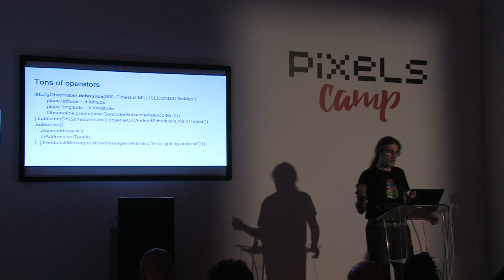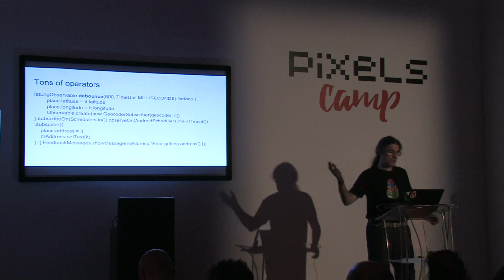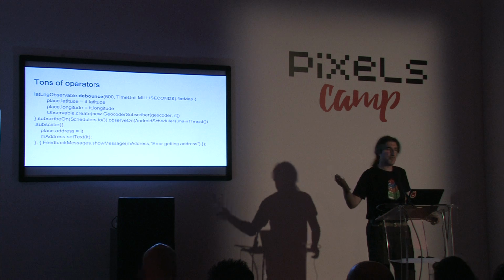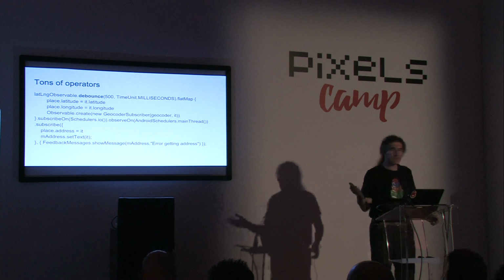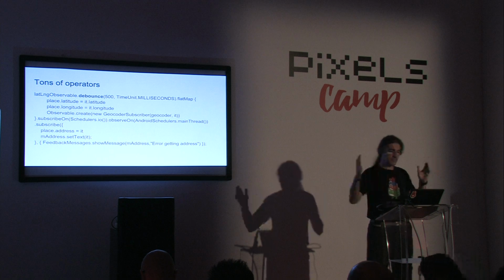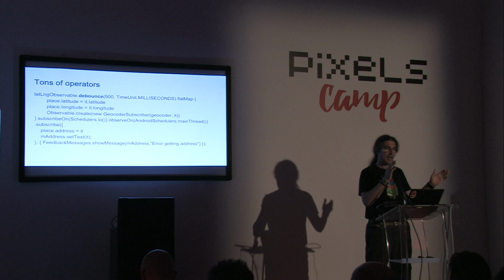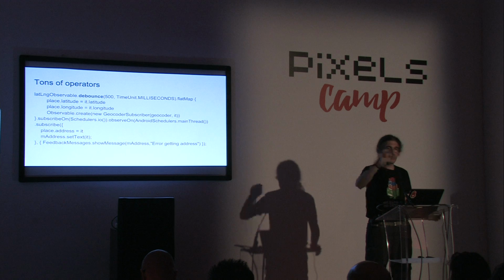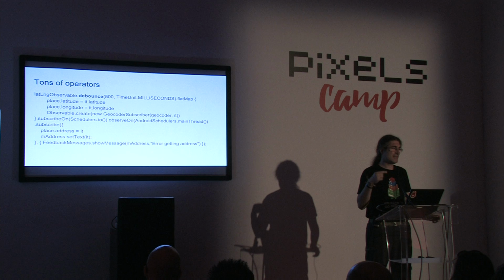So the solution for this, for example, I use the debounce method. And what the debounce method does, it just says to wait until at least 500 milliseconds in the example have passed, and then give me the last element. So the user is scrolling the map, and it's giving me lots of positions that I'm just ignoring.